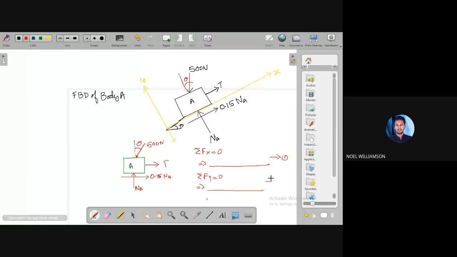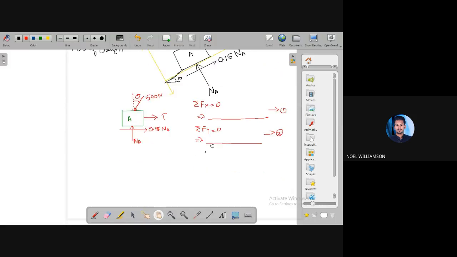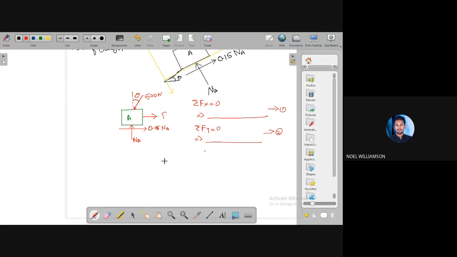Equation number 1 and equation number 2, on solving 1 and 2, we get the unknown values, that is Na equal to, we will get one value, and also for T we will get another value. So find out those values, and that is in Newton.